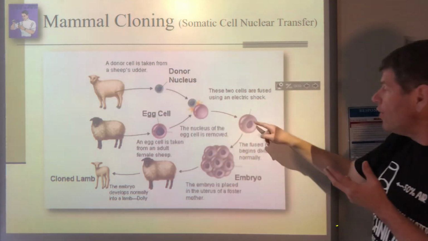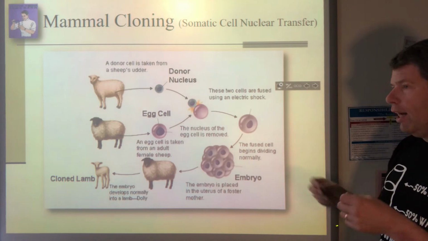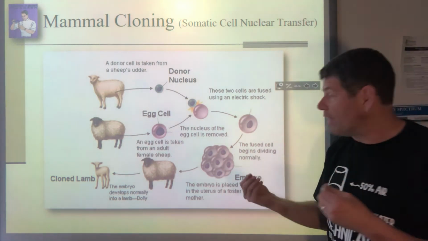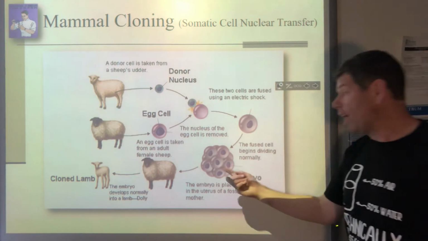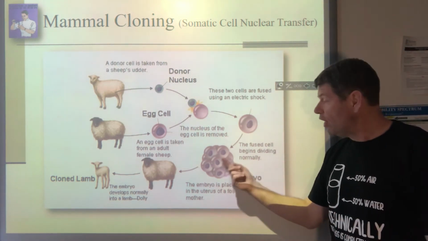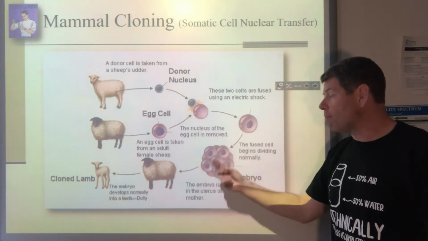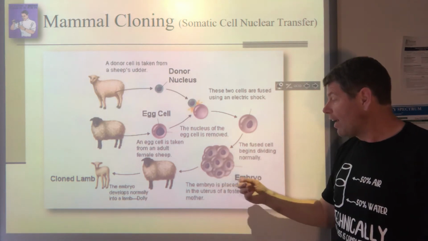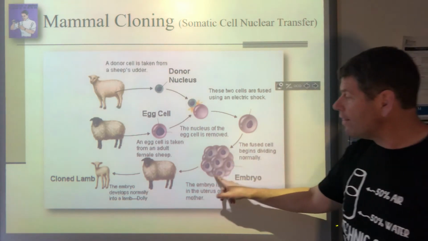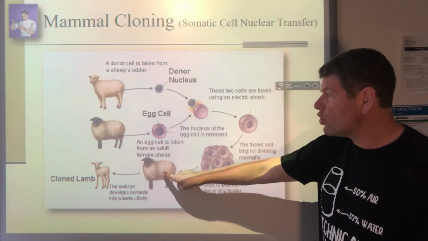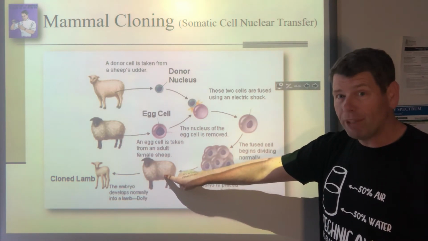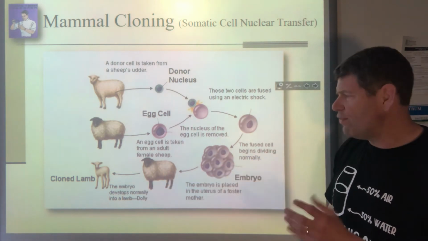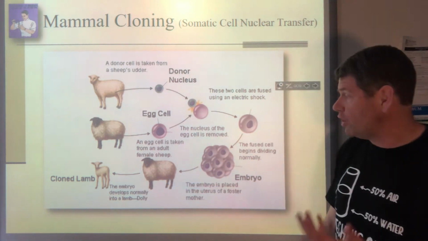We fuse it to make essentially a zygote here, with one cell with all the genetic information from this sheep. Then they use some electrical razzmatazz, and they're able to cause it to divide to become, as we have in the blastocyst, an embryonic cell mass. They let that grow to a point where they can then put it into a surrogate mother sheep to simply carry that baby to term, kind of like an in vitro fertilization situation.